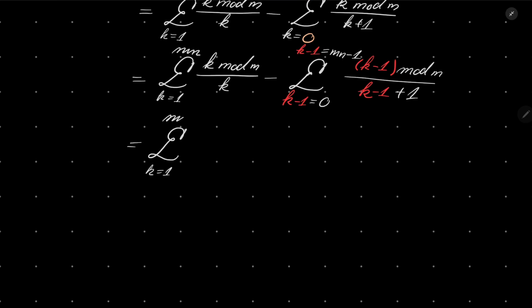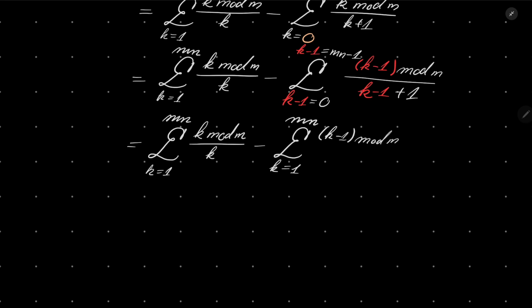The first sum stays as it is. And the second sum, well, if k minus 1 is 0, k equals 1. If k minus 1 equals mn minus 1, k equals mn. And here we have (k minus 1) modulo m over k.